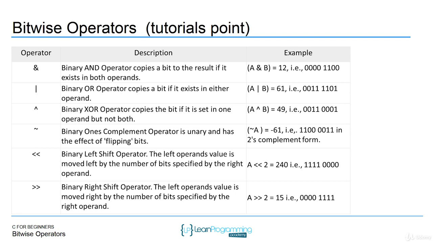Binary one's complement. Again, we're getting the binary data here because we're talking about bits. The one's complement operator is unary and has the effect of flipping the bits, basically just negating them. An example here was if you say tilde A, you're applying the one's complement operator. And if it's equal to negative 61, it will be 1100001, right?